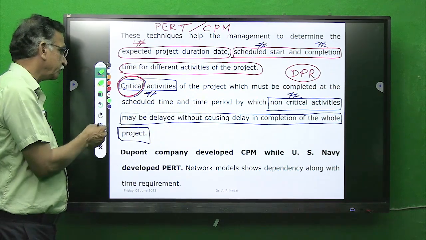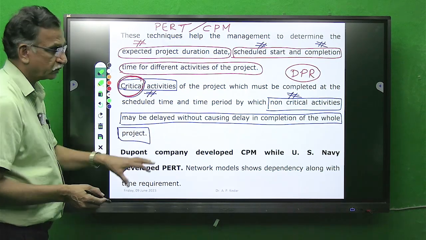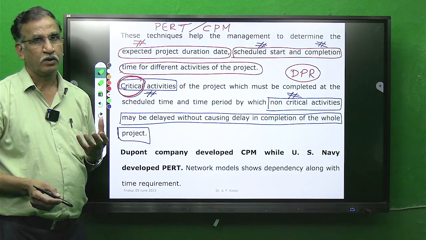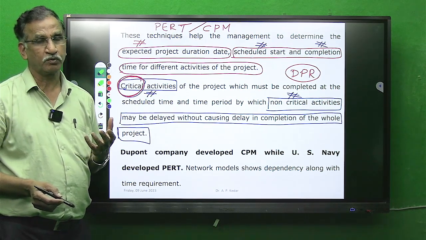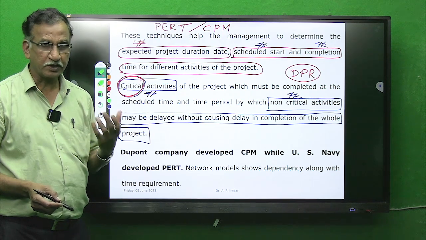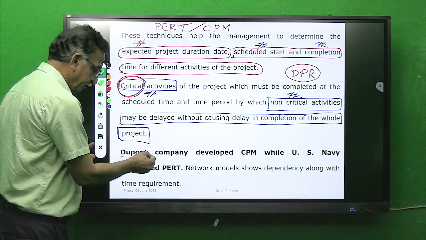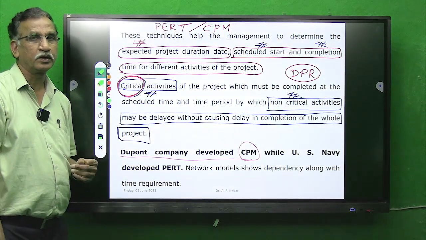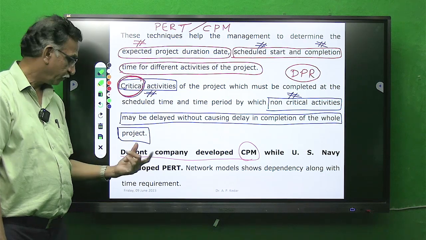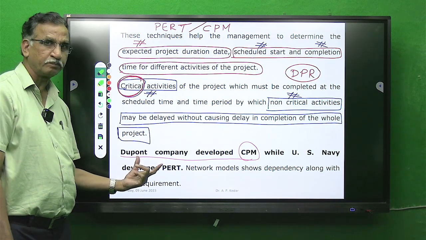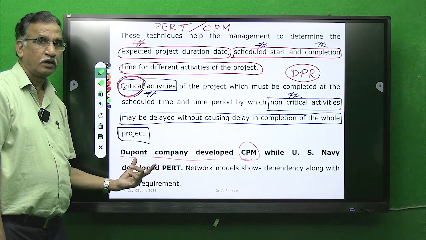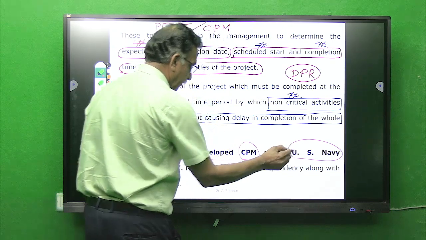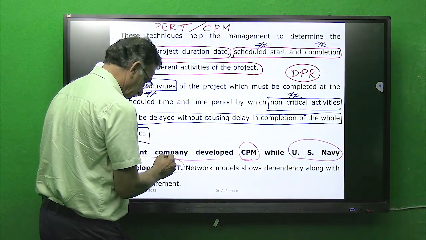Now, where is the origin? In our very first lecture we said that operations research originated during the Second World War. At the same time, the DuPont company developed a model called the critical path method, where the activities of this particular firm were deterministic in nature, while the United States Navy developed PERT.